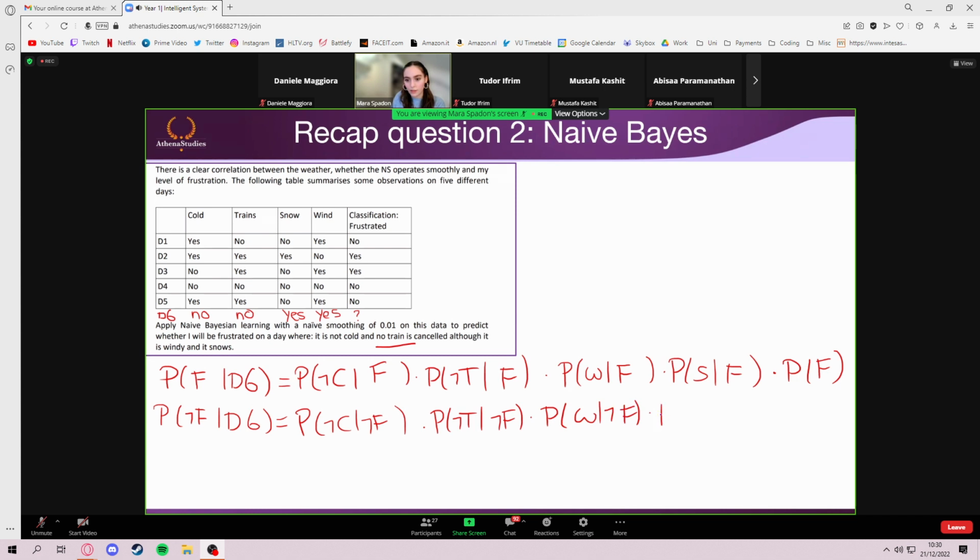You could either make the table again, or because we've been given the table above, we could just read the values from the table. So if I want to know the probability of being frustrated given D6, what is the probability of not being cold given frustrated?